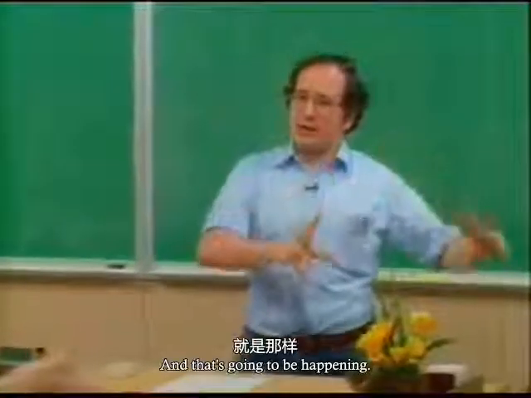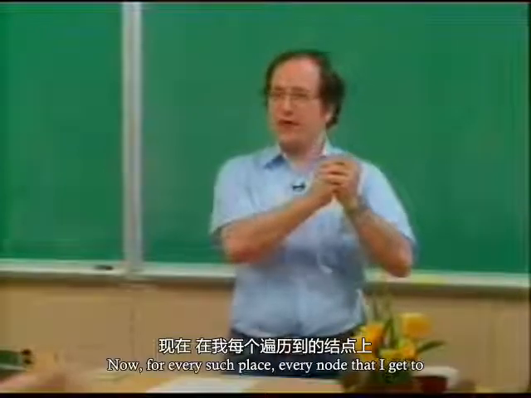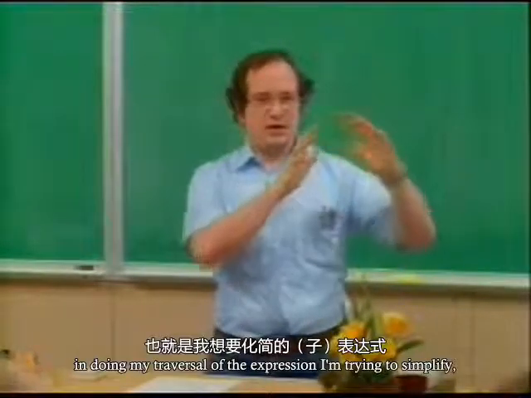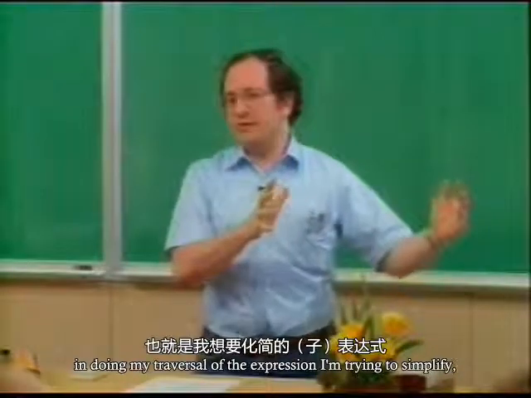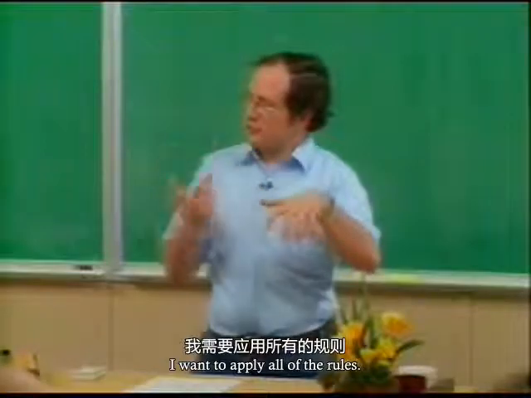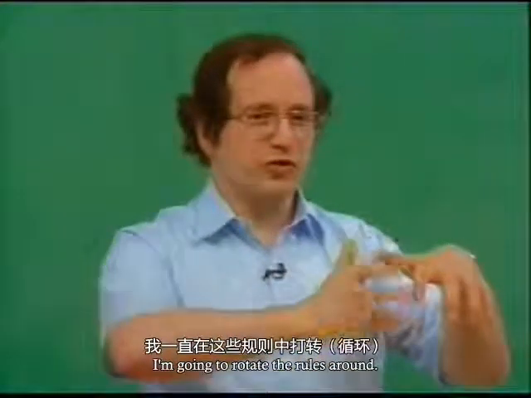And that's going to be happening. Now, for every such place, every node that I get to in doing my traversal of the expression I'm trying to simplify, I want to apply all of the rules. Every rule is going to look at every node. I'm going to rotate the rules around.